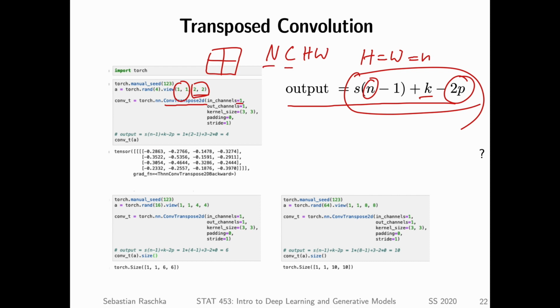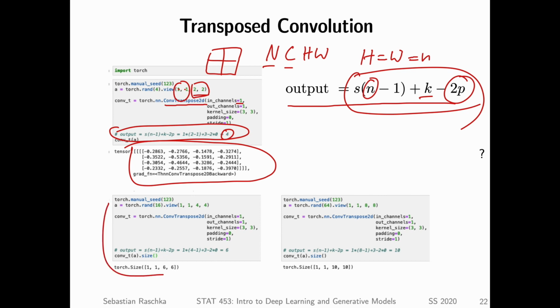I only have one input channel, so I'm putting a 1 for one example and a 1 for one input channel here. Then you can see when I apply this, I should get a 4x4 output, which indeed is the case here. And here I have some more examples, going from 4x4 to 6x6 and from 8x8 to 10x10. So just an example demonstrating the transposed convolution.